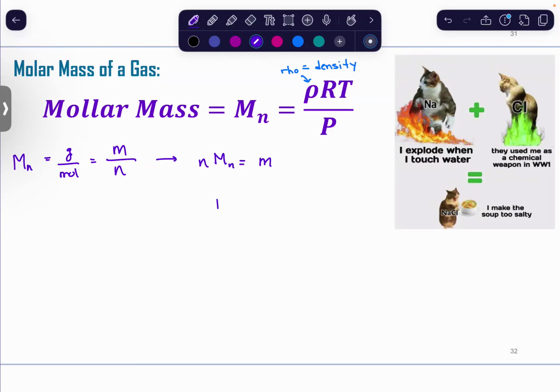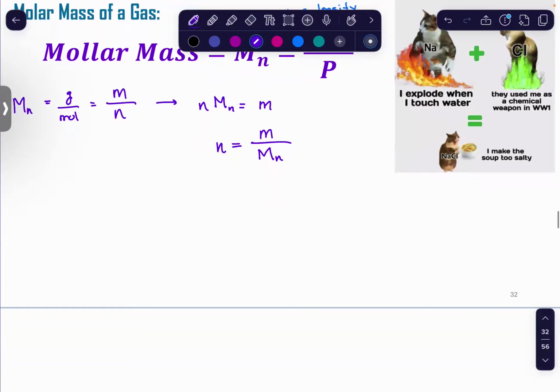And then number of moles is going to be mass over molar mass. Okay, so then we can go straight into our PV equals nRT.